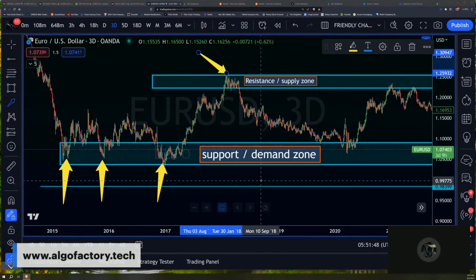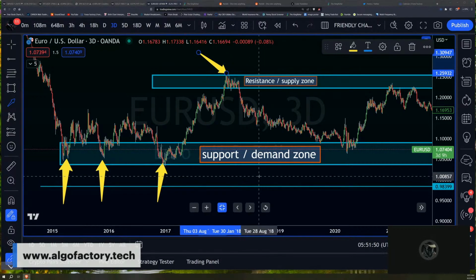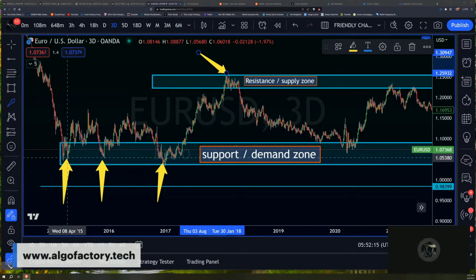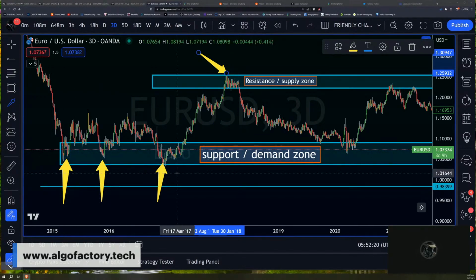Okay, so back to the lesson at hand. We were talking about resistance and supply and demand. We know that in the past, as the euro got down close to parity, anytime €1 was worth about $1, actually $1.03 in this case, anywhere from $1.03 to $1.05, that's where the euro became in demand and people bought it.